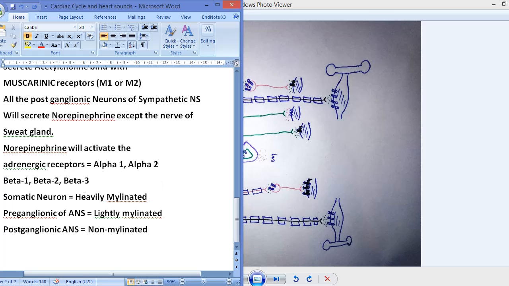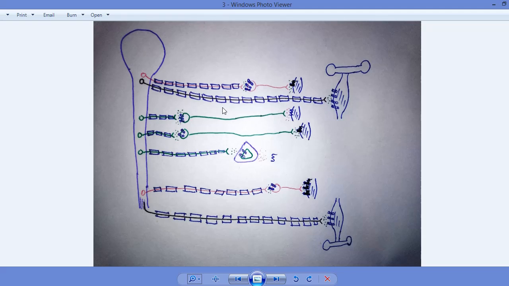Now this is very clear. The somatic neuron throughout will be heavily myelinated by the Schwann cells. The preganglionic neurons of the autonomic nervous system will be lightly myelinated, while the postganglionic neurons of the autonomic nervous system will be non-myelinated.